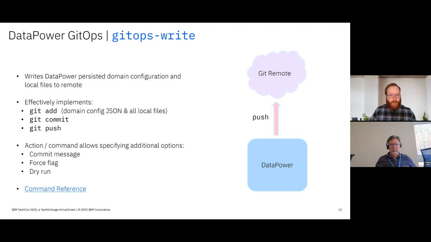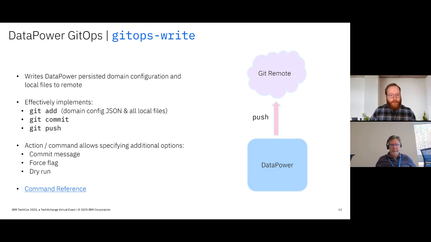So you can imagine that this is essentially doing an add for your config JSON and the entire local file system, doing a commit and then doing a push. This action does support configuring or setting the commit message. So you can, of course, put something meaningful there so that you can see that on the remote.